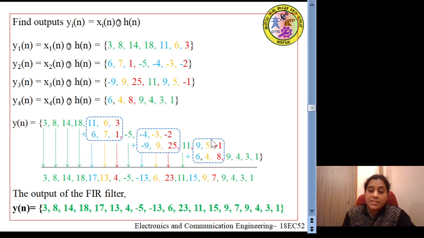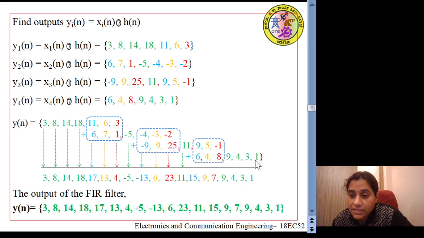Similarly, the last M-1 samples of the third block coincide with the first M-1 samples of the fourth block of output.